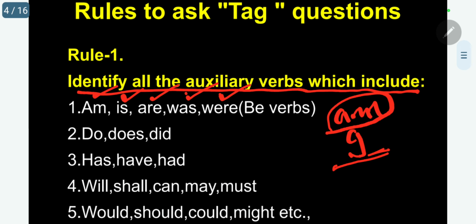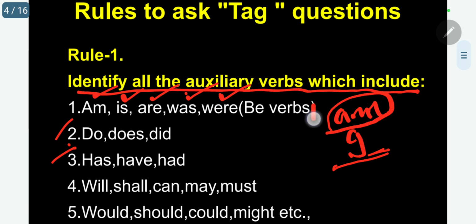Okay? Right. Come to type 2: do, does, did. Do, does, present tense; did, past tense. Third type: has, have, had. Has, have, present tense; had, past tense.